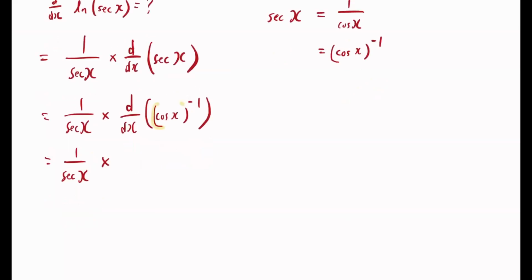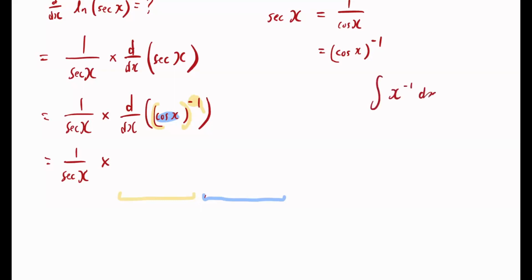Outer is the power -1, inner is cos x. Chain rule asks you to D outer times D inner. Wait, ln cosine x times -sin x? No. You're confusing integral with derivative. Oh my gosh, I'm so confused.